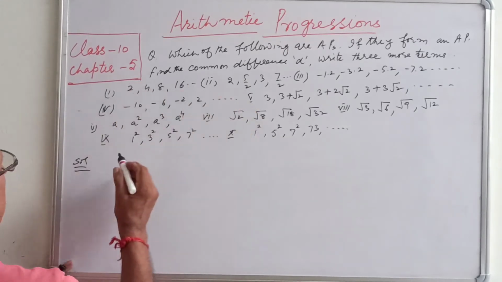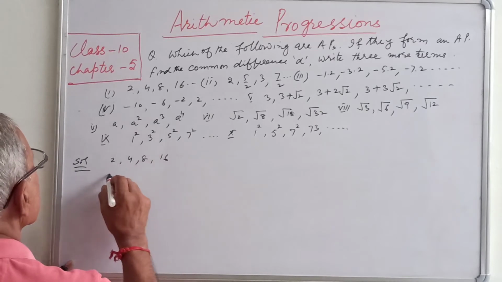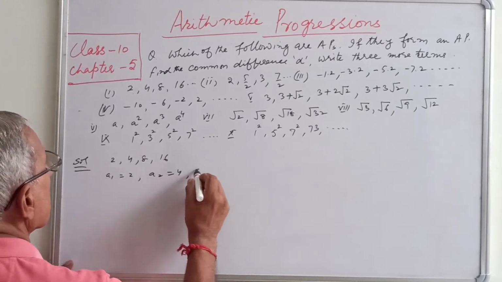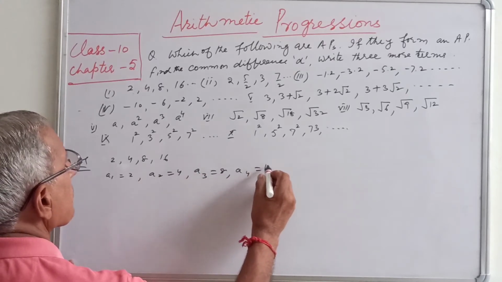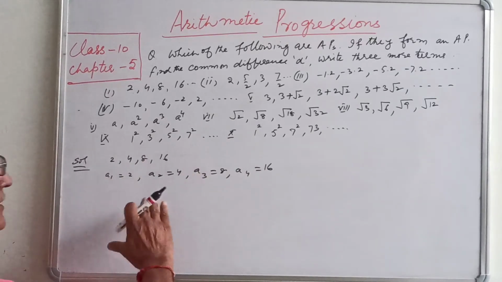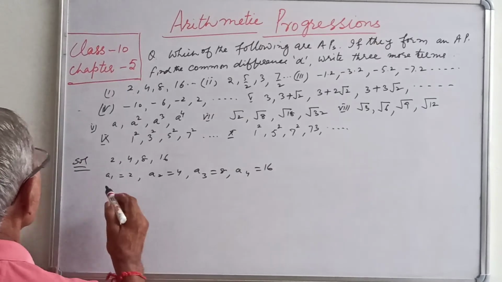the sequence given is 2, 4, 8 and 16. So A1 is 2, A2 is equal to 4, A3 is equal to 8 and A4 is equal to 16. Any 4 terms of the sequence I have written here. So we have to find the common difference.